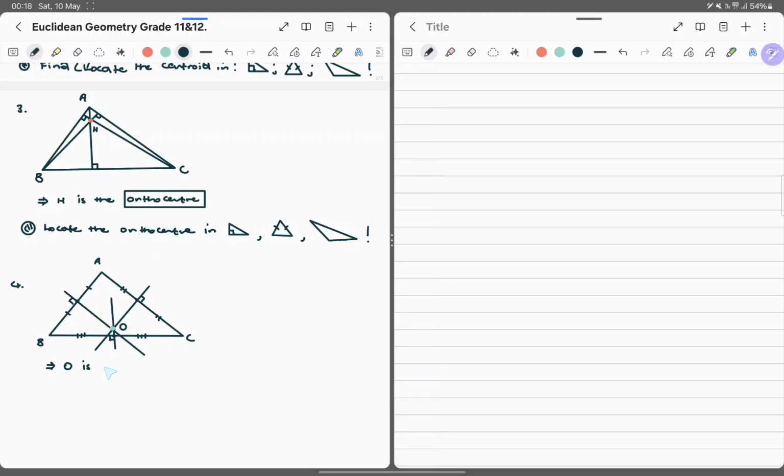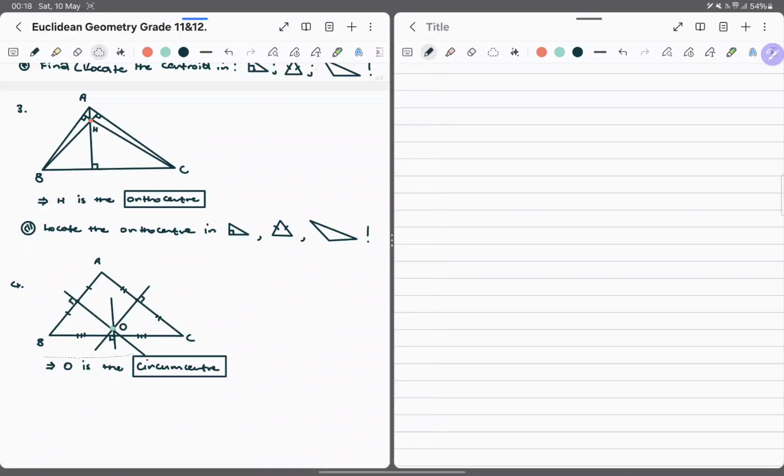O is the circumcenter. Yeah? So O is the circumcenter.